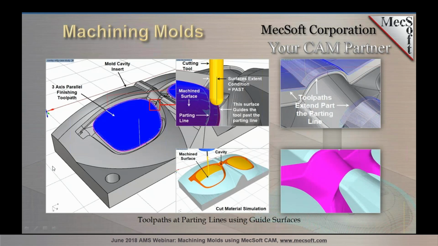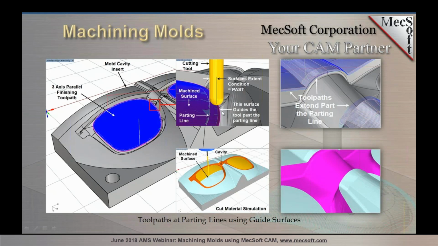Okay, on this big image on the left, you can see the cavity insert and the guide surface that we added on top of this island. And in the top right image, this is what we mean by cutting at the parting line. So in the XY, when we're cutting this area, and this is all 3D contoured surface, there's no flat area on this parting line.